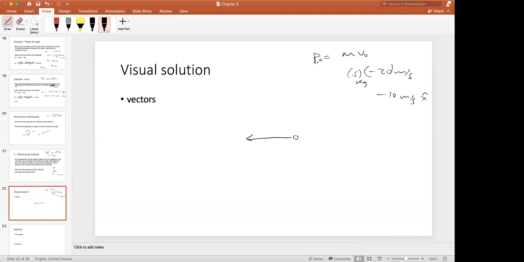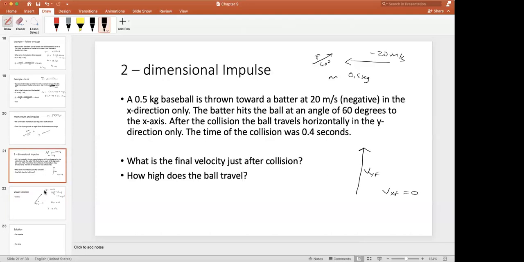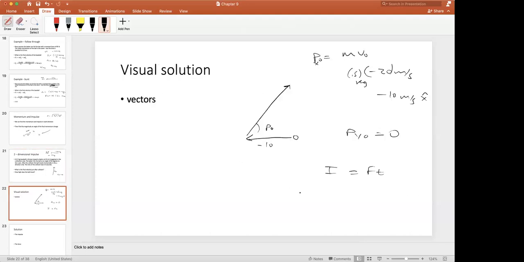What is the initial momentum in the y? 0. So P initial is along the x-axis, facing negative, it's negative 10. Then if we add our impulse, which is our force times time, we know this is at 60 degrees. So if I add this at 60 degrees, I didn't give you what the force was, but I gave you that the time was 0.4 seconds. So this is our impulse.